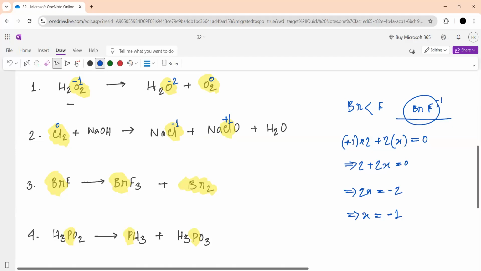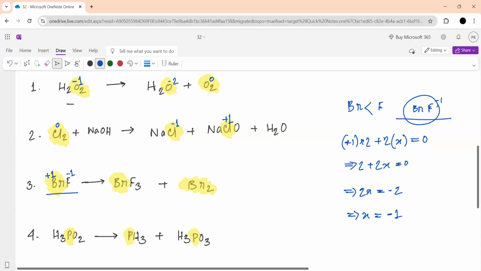So what will be the oxidation number for bromine here? It would be +1. And fluorine here would be -1, because in the bond between bromine and fluorine, fluorine is the electronegative one. Fine.